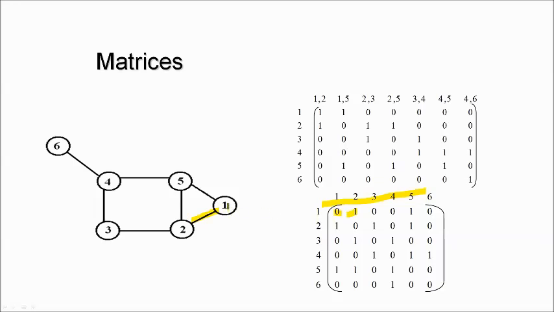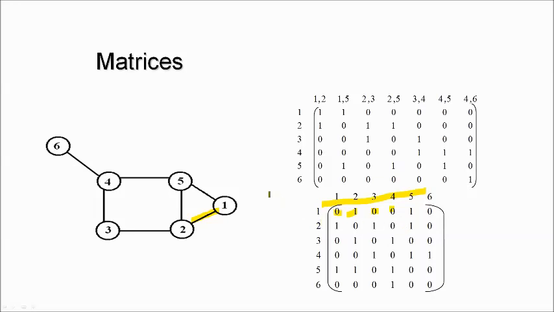Next, from vertex 1, do we have an edge going to vertex 3? No, because there's a middle vertex. That's why we will put 0. Next, from vertex 1, do we have a direct edge going to vertex 4? No, there's no incident edge. Thus, we're going to put 0.